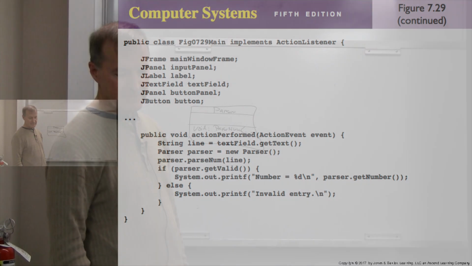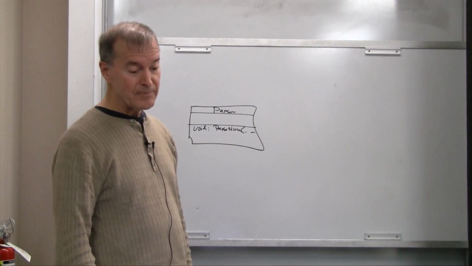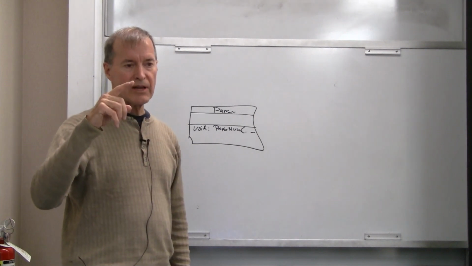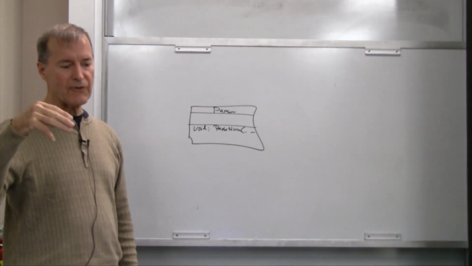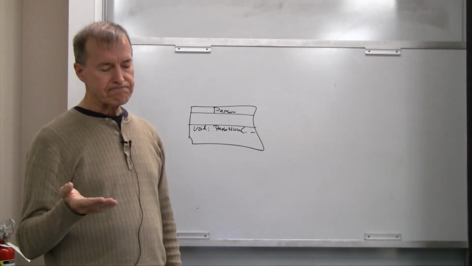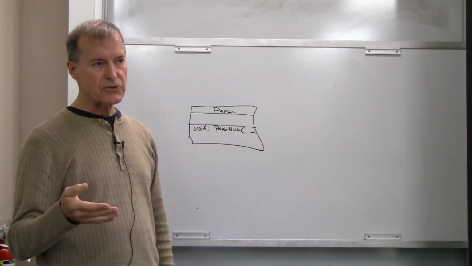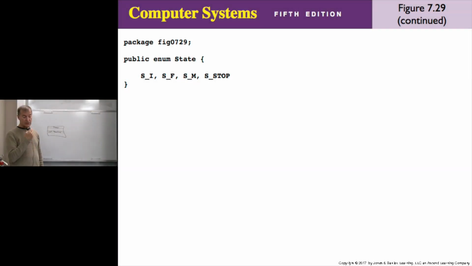All right, so now let's take a look at the methods. Remember, in NetBeans we saw that there were 3 separate files. The convention in Java is to have every class have its own file, so we're going to start doing that now. We're going to have one whole separate file that contains the state. In figure 7.29, we have public enum state, and what are the states?